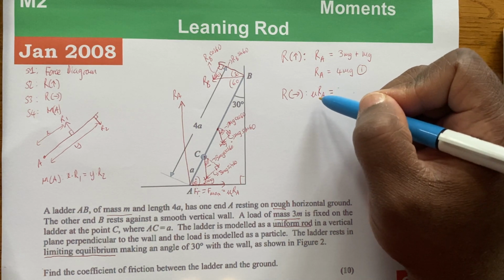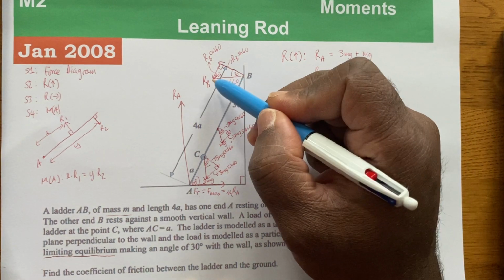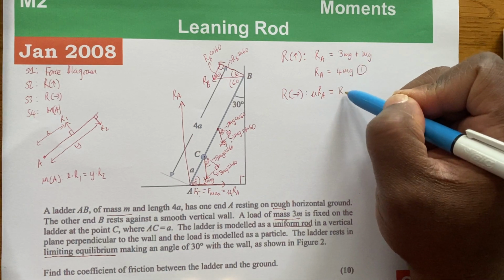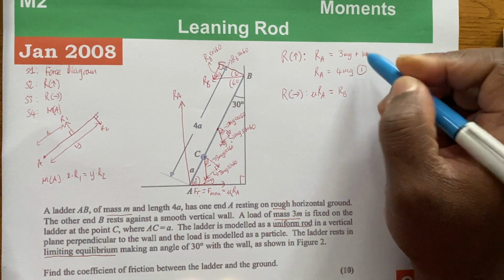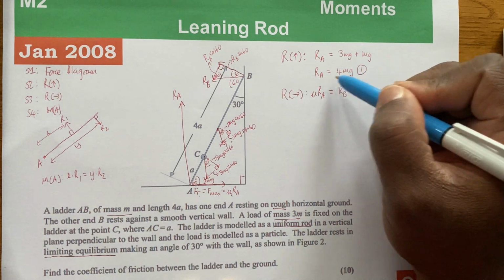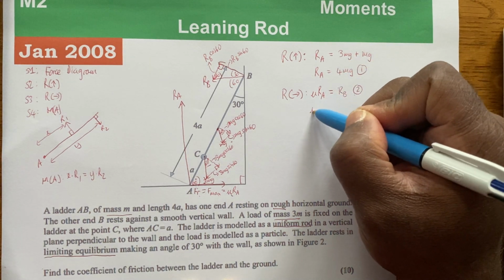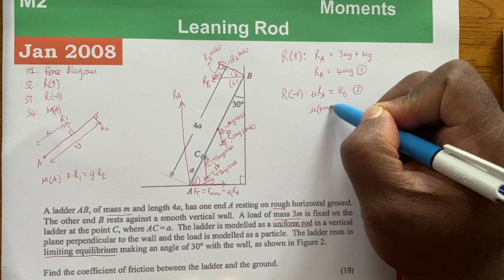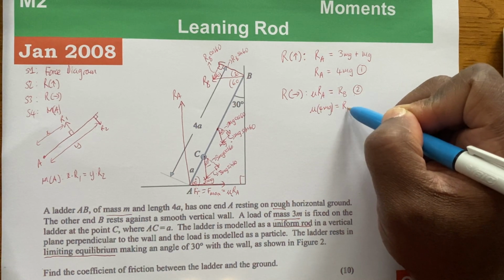So the forces acting to the left equal the force acting to the right, which is RB. And that will be equation 2. Of course, since RA is the same as 4mg, mu times 4mg is equal to RB.